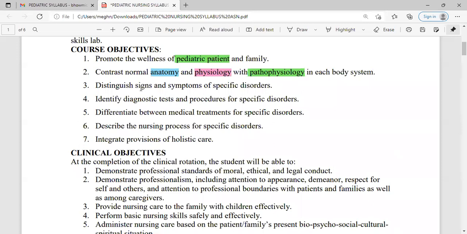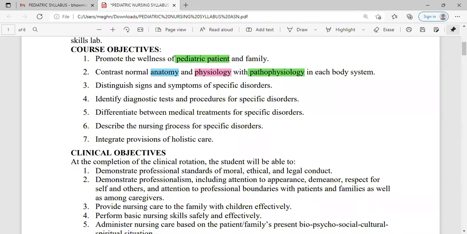Also distinguish signs and symptoms of a specific disorder. Identify diagnostic tests and procedures for a specific disorder. Differentiate between medical treatments for a specific disorder.